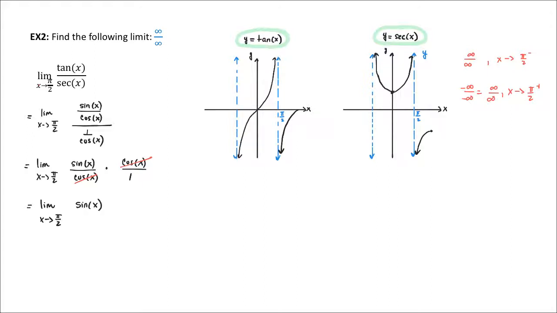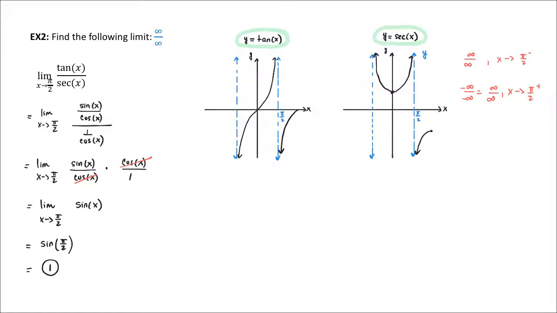Now, sine x is beautifully continuous at every x within the real numbers. So I can now do a straight substitution. I can substitute pi over 2 for x, and now I know that the sine of pi over 2 is equal to 1.